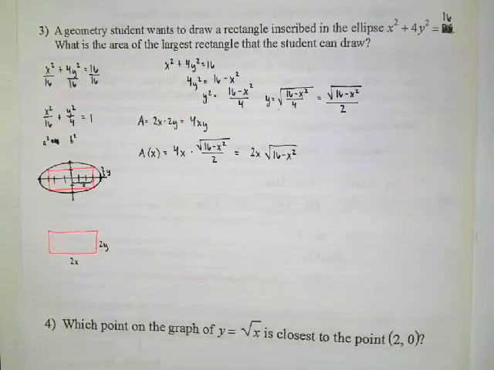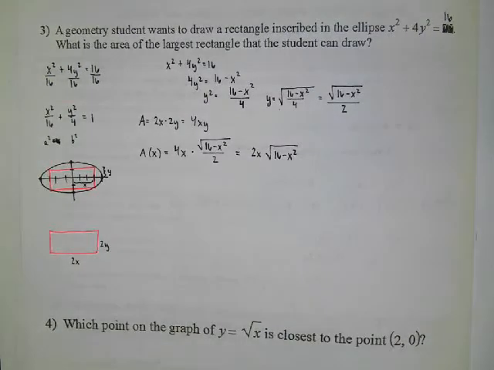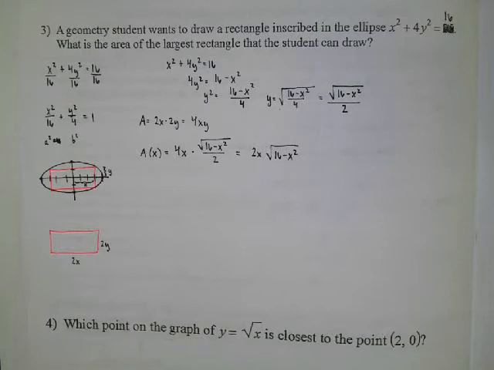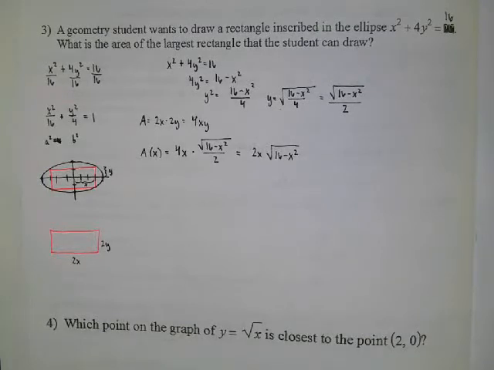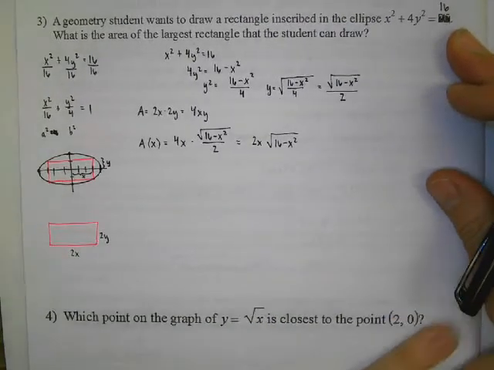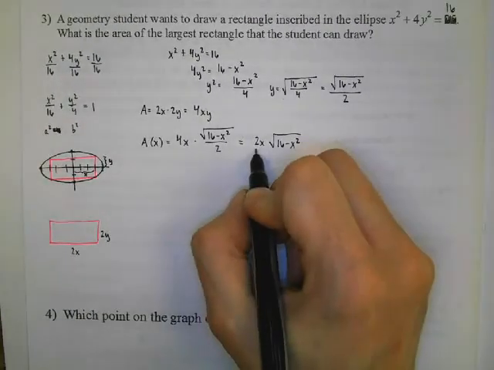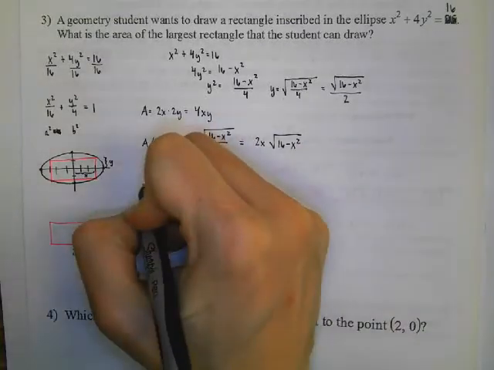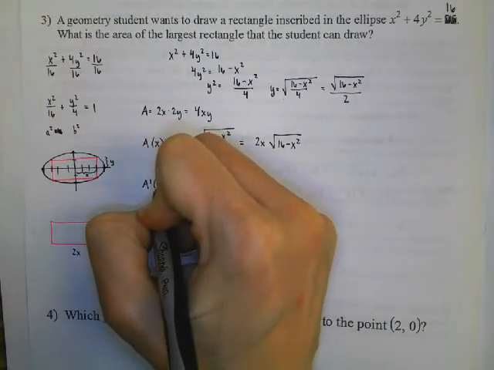So it took a little bit of getting there, but I have a formula for my area. Now our process is back to the same place we were before. We know we need to find the derivative and set it equal to 0. Finding the derivative might be a little more complex.